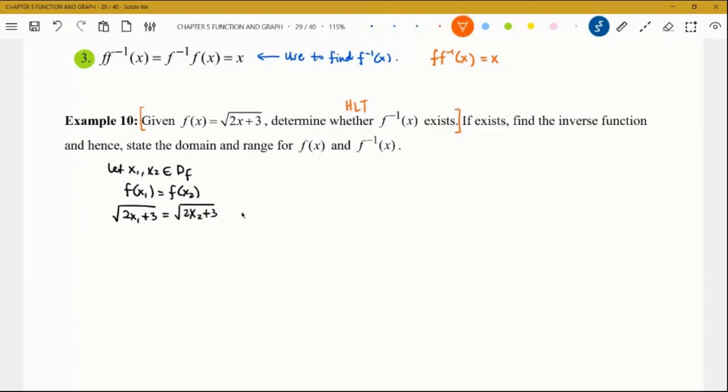So to cancel out the square root, kita perlu square both side. So we end up inside the square root 2x1 plus 3, 2x2 plus 3. Cancel out the 3, end up we have 2x1 equal to 2x2. End up we have x1 equal to x2. So is this one-to-one function?